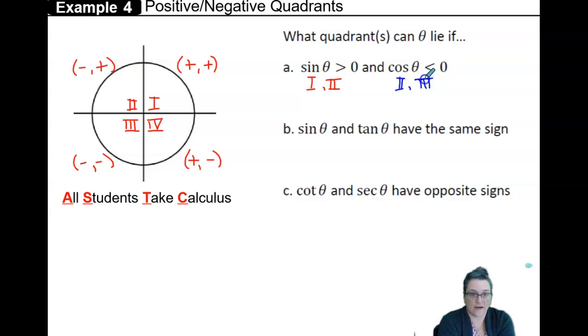Both have a negative x, so those quadrants have a negative cosine. And the quadrant where both of these are true, where the sine is positive and the cosine is negative, would be quadrant 2.